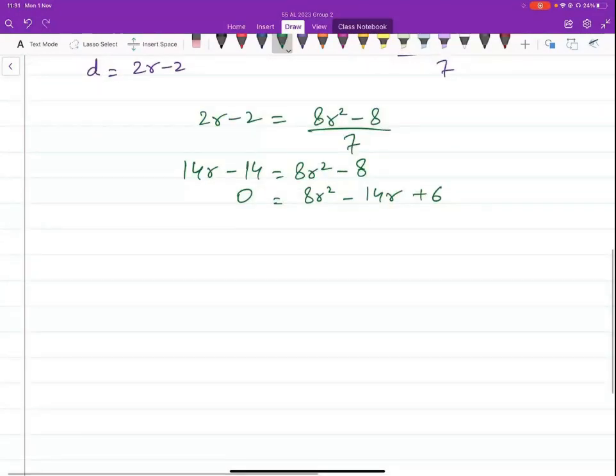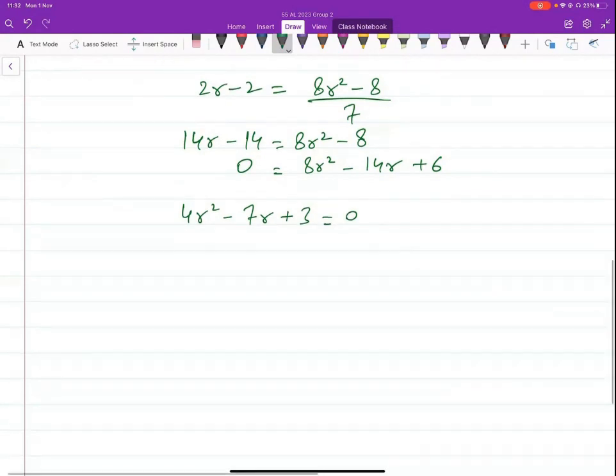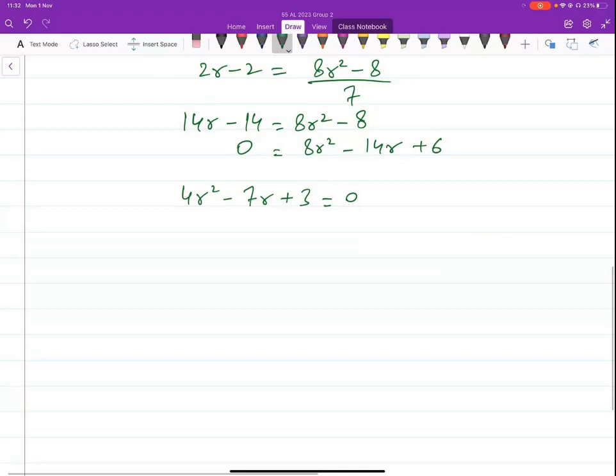We simplify this a bit. That gives us 4R square minus 7R plus 3 equals 0. Can you factorize this? 4 into 3 is 12. Add करके, we can do 4 and 3, right? 4R square minus 4R minus 3R plus 3 equals 0. We take 4R common.